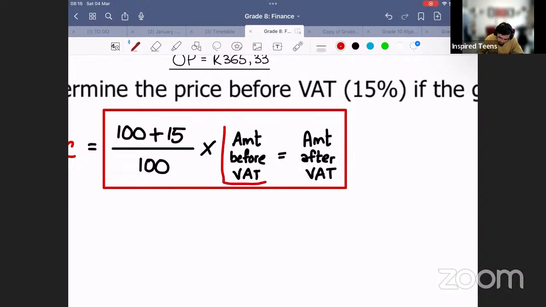Let's move on to these two. These are important because they're not constant, meaning like amount before VAT. Sometimes it's amount before discount.